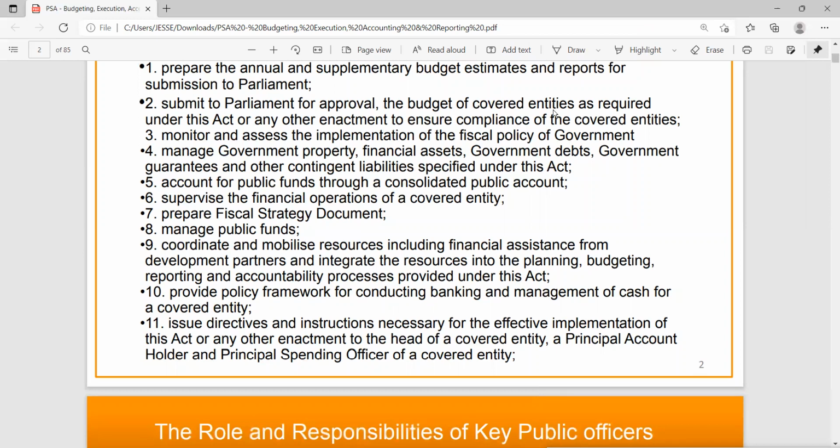These directives are important because they determine the financial outcomes of the country or the economic outcomes of the country. And the finance minister will usually issue these directives to principal account holders and principal spending officers, right? So these directives are very, very important.